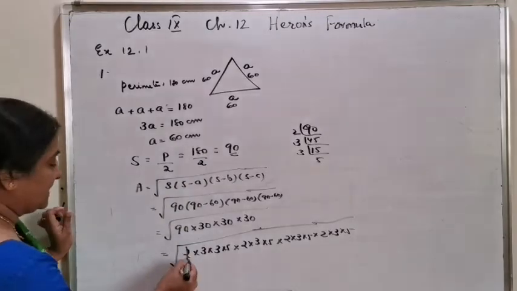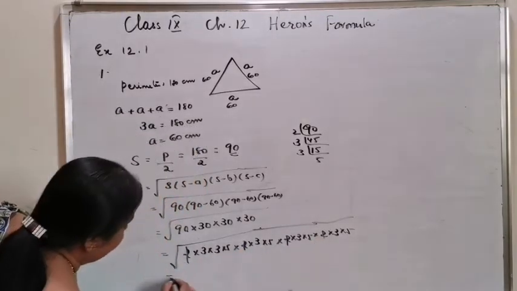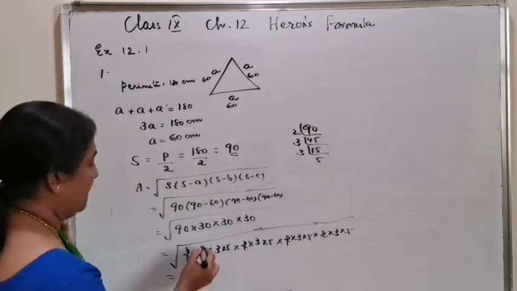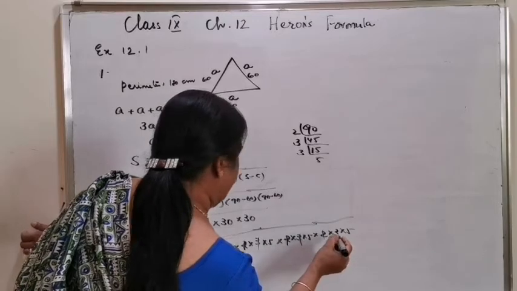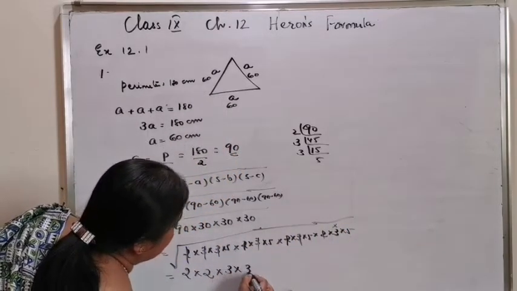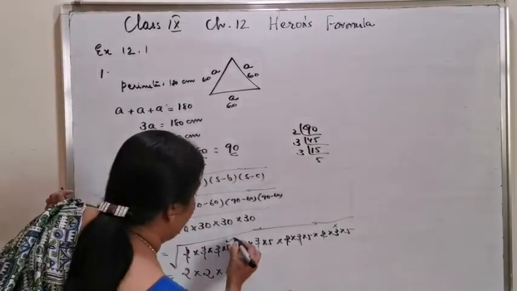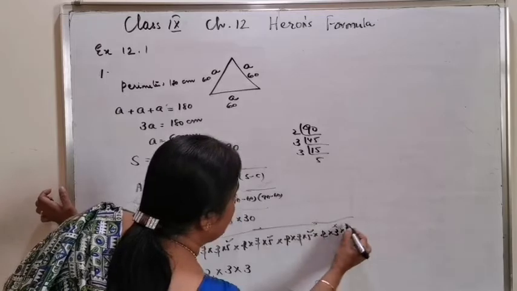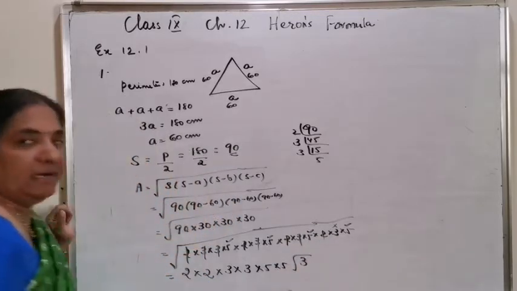Count the number of prime factors. 2 appears 4 times, that means 2 times comes out. 3 appears 5 times, that means 2 times comes out, and in the square root, 3 will remain. Next, 5 appears 4 times, 5 into 5, and 1 root 3 will remain.